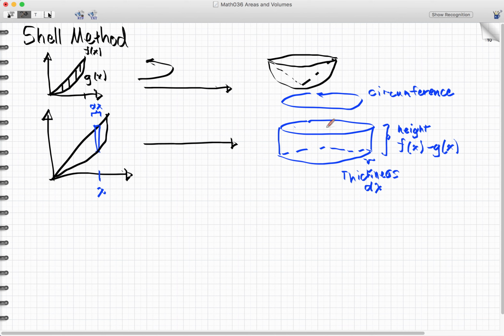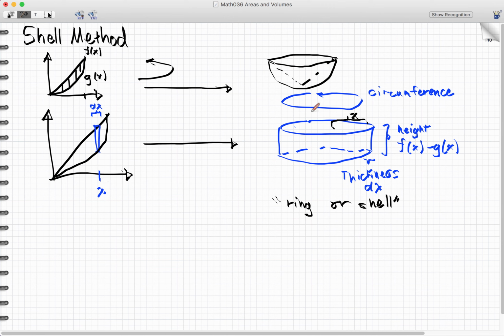So this is a ring or shell, which is why we call it the shell method. Well, the radius of this shell is x, because that was the x that we chose beforehand.